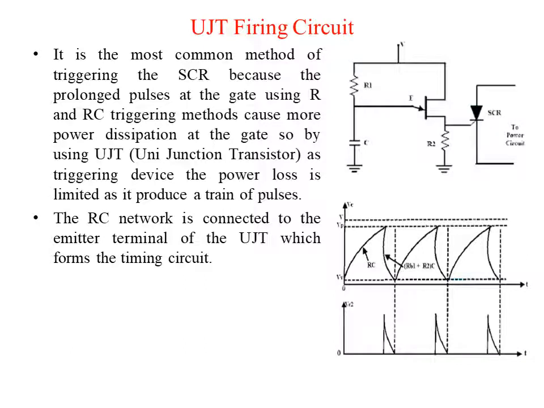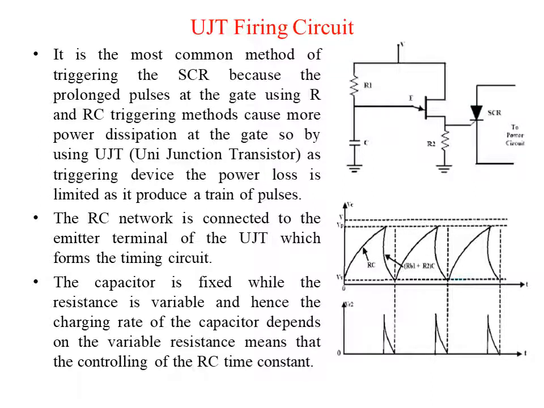The RC network is connected to the emitter terminal of UJT, which forms the timing circuit. The capacitor is fixed while the resistance is variable, and hence the charging rate of the capacitor depends upon this variable resistance, which means controlling of the RC time constant.